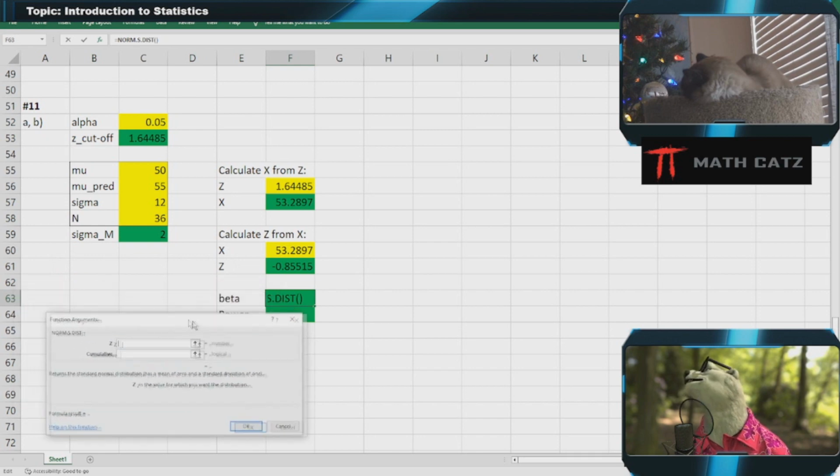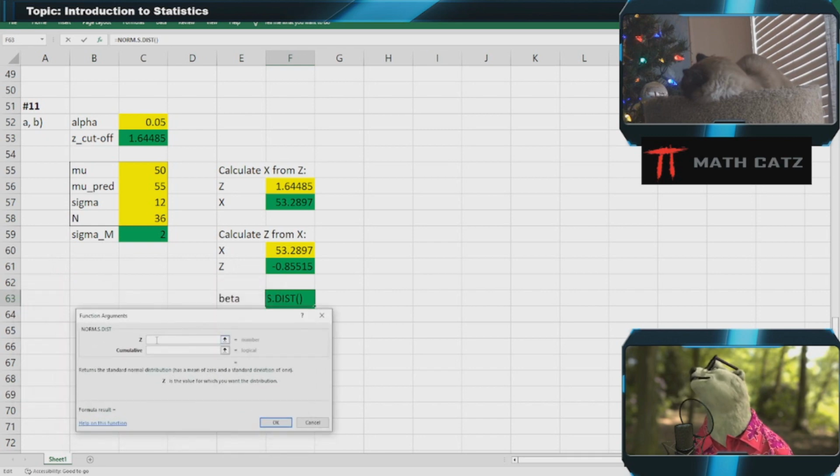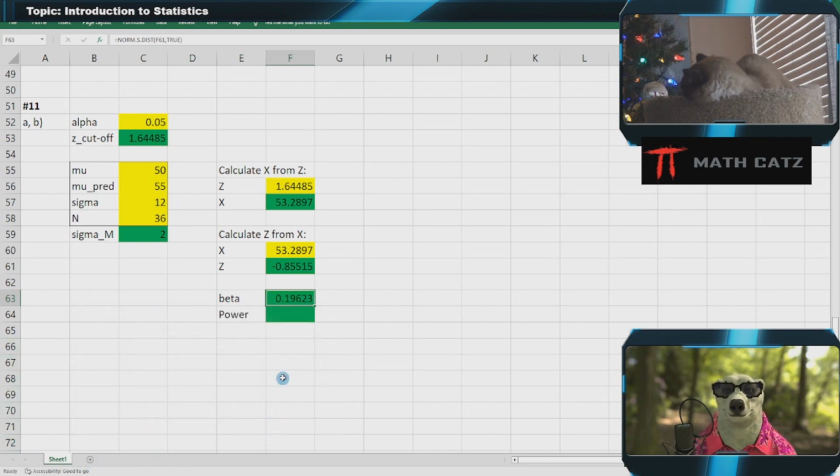And then if I use the insert function, it will actually ask me for the different inputs here. The z-score is this one. Cumulative, I'm going to go with true because I'm looking for that whole area that sweeps from the left. And we get 0.19623.